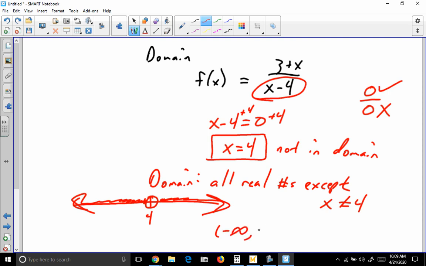And it gets close to 4, and the way we show it gets close to 4 and doesn't touch it is we put a parenthesis. And then this interval starts really close to 4, and it goes to the right to infinity. And if we write 2 different intervals, we put a union in between them. So that's our domain for this one. Basically, every number except 4.